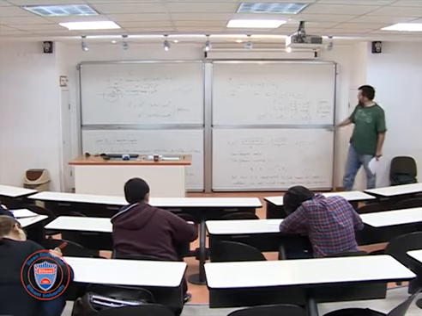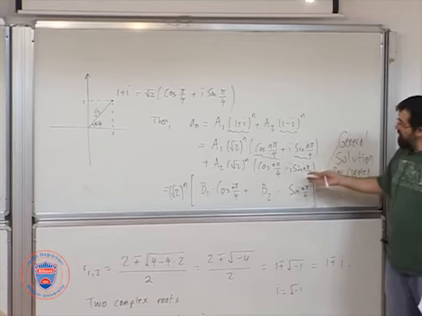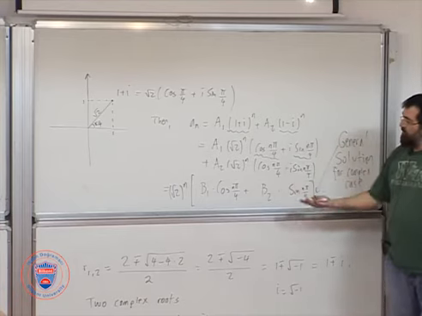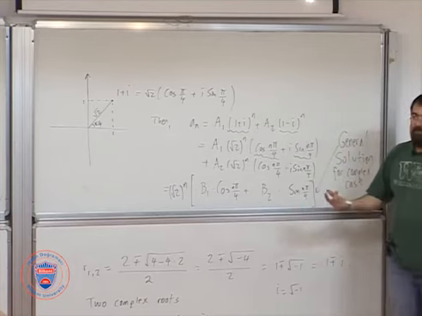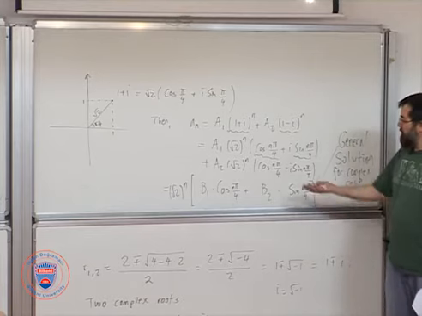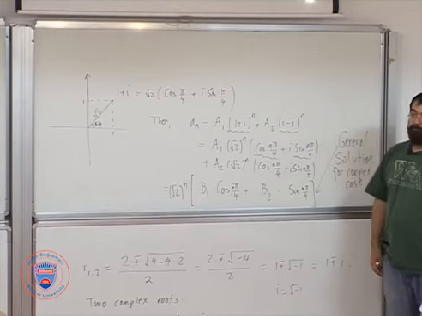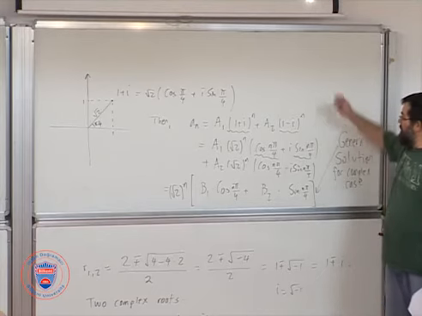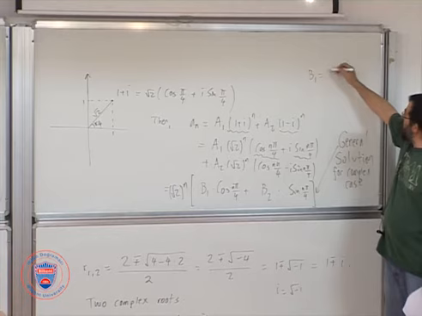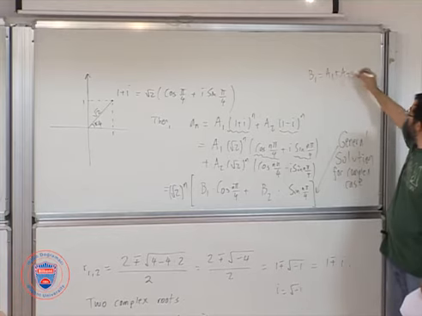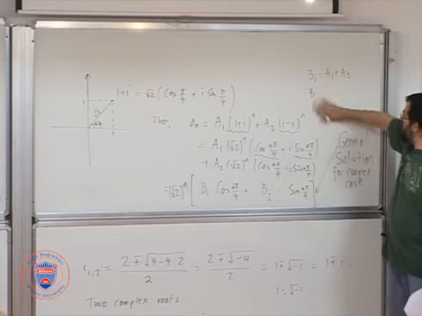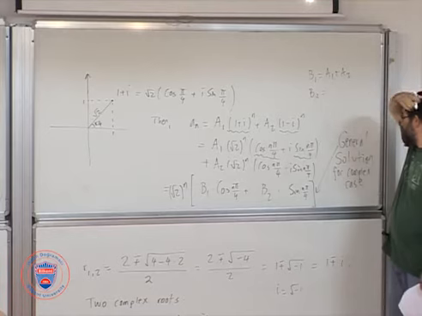You may say, there were so many things there, we lost all of it. No, we didn't lose anything, because a1, a2 we didn't know anyway. We just had some unknowns, and I just changed my unknowns to b1 and b2. You can specifically say what b1 is in terms of a1, a2, but it doesn't really matter.